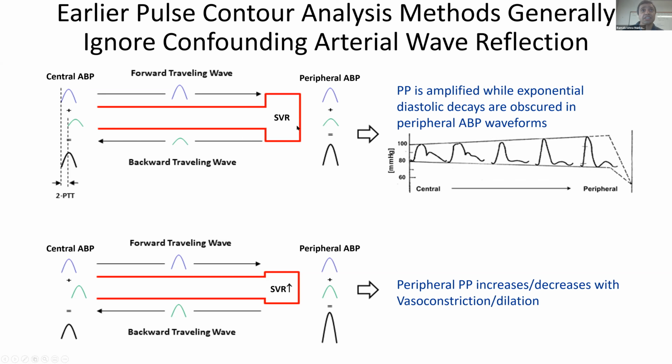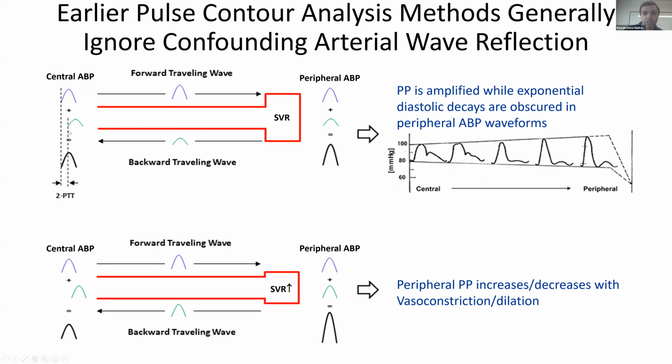Since wave reflection occurs mainly in the small arteries, there is little time delay between the forward and backward waves in the periphery. So when you add the backward wave to the forward wave, the peripheral pulse pressure increases a lot. On the other hand, the forward and backward waves in the central aorta are shifted in time. And that is the time it takes the forward wave to travel to the periphery and return back to the heart.